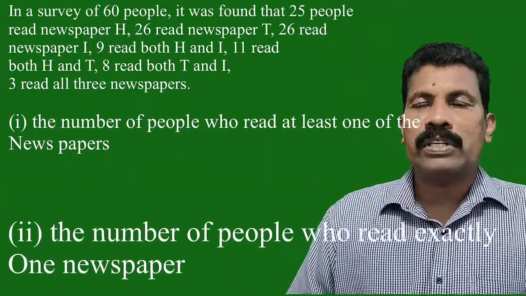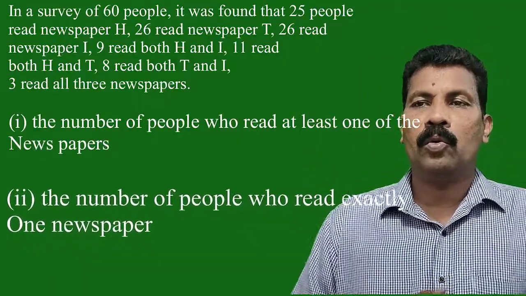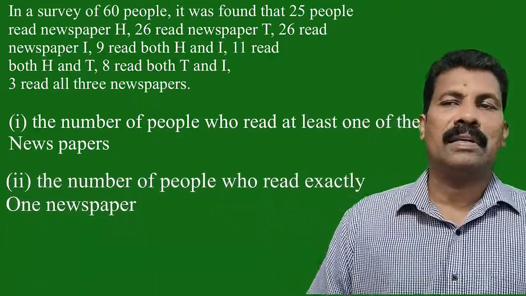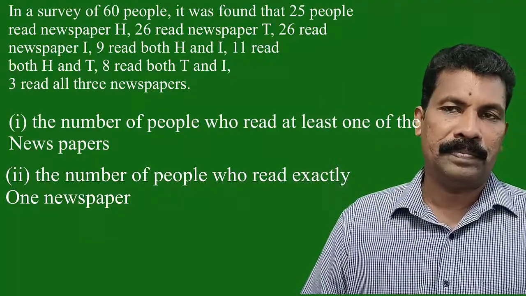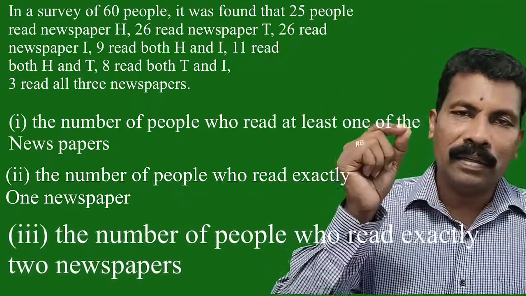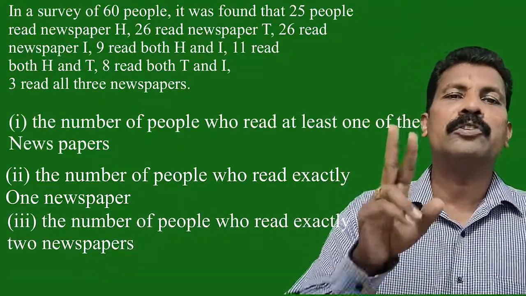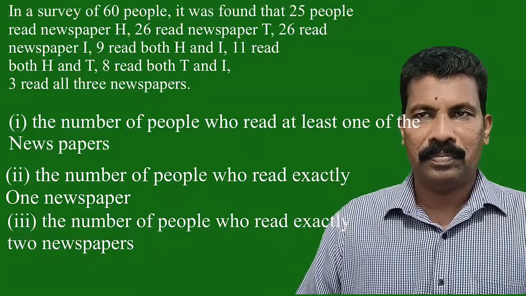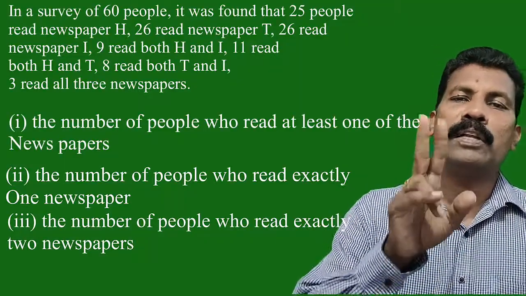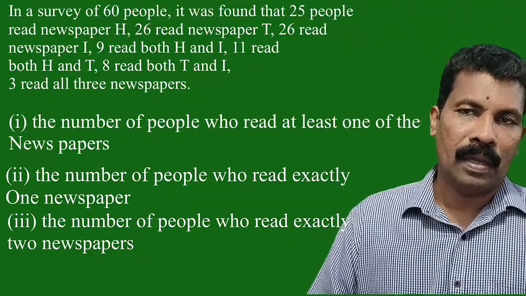And another question is that find the number of people who read exactly one newspaper. And again, find the number of people who read exactly 2 newspapers. Means they will read only 2 newspapers. They will not read a third newspaper.